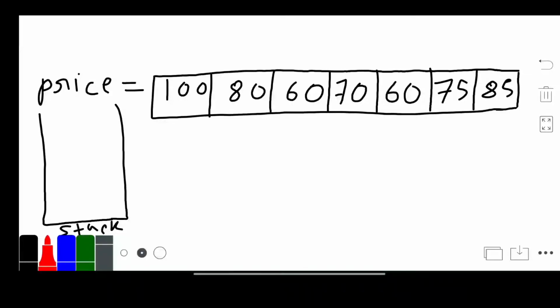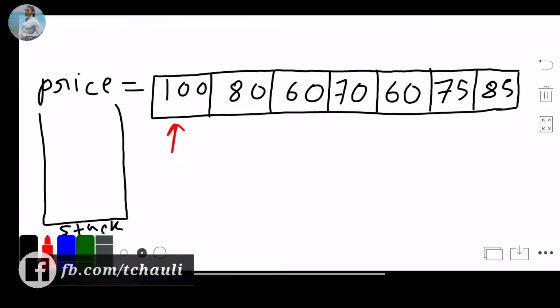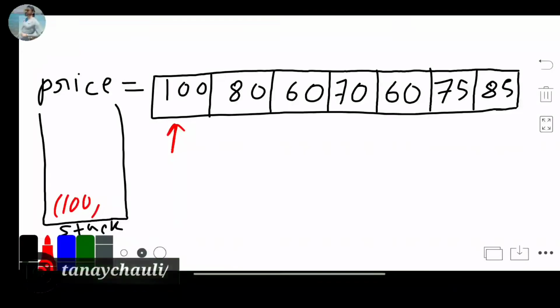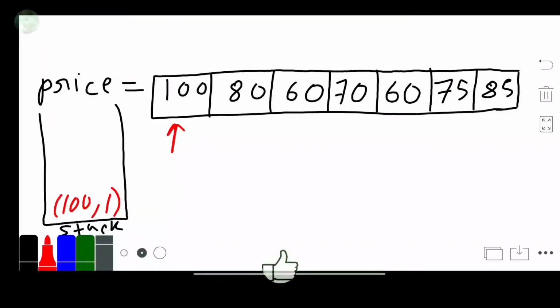Now we will solve this problem using the stack data structure. Our first day price is 100, so we check whether our stack is empty. Yes, it is empty, so we simply add 100 to our stack. Inside the stack we keep two variables, the price and the lesser-or-equal price count, which is 1 for 100, since no lesser price is there.